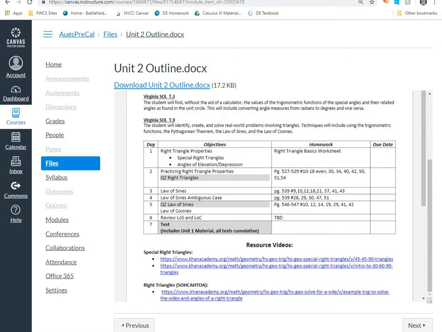Okay? Were they not posted? Okay, I'll check and make sure they're up there. If the homework assignment is in the book, the odds are in the back anyway. I'll check.